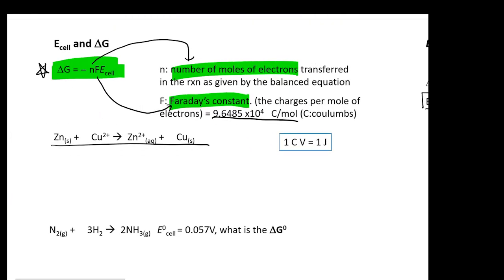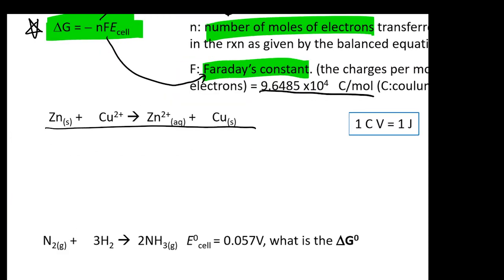How do you calculate delta G of a redox reaction? Previously, we learned that zinc solid plus copper 2 plus forms a galvanic cell. It gives you zinc 2 plus and copper solid, where the E naught cell is 1.1 volt. If a question asks you what the delta G of this redox reaction is, delta G is equal to negative n times F times your Ecell.